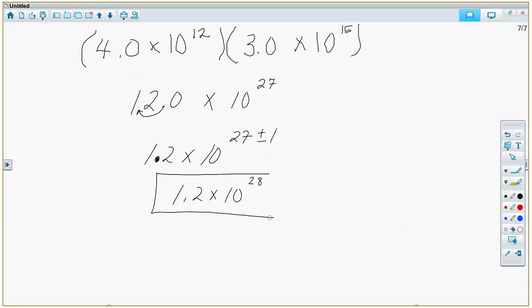Now, a lot of you think, well, golly, that's easy. Let me show you what you're actually doing. You're taking 4.0 times 10 to the 12th: 1, 2, 3, 4, 5, 6, 7, 8, 9, 10, 11, 12.